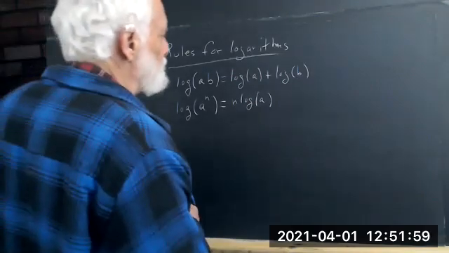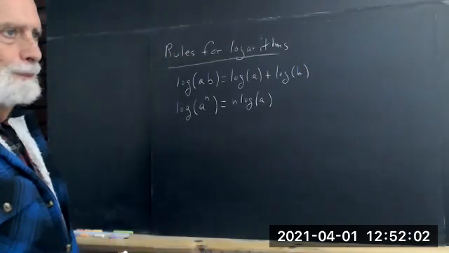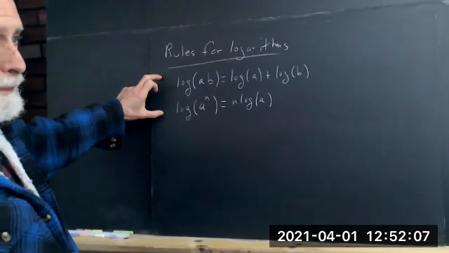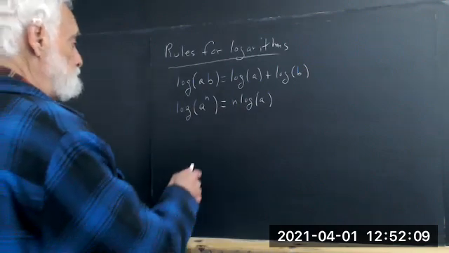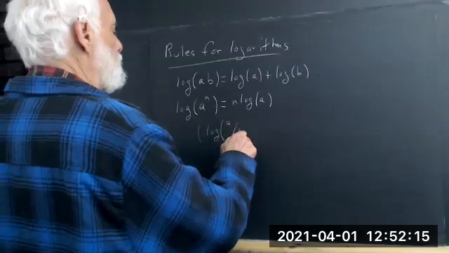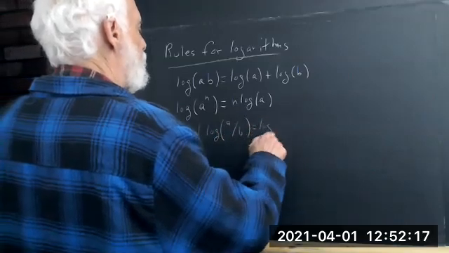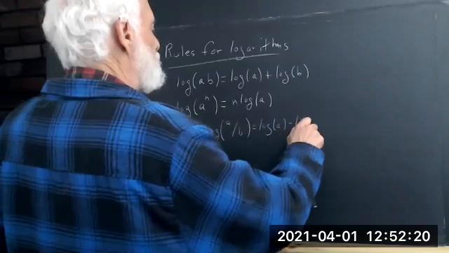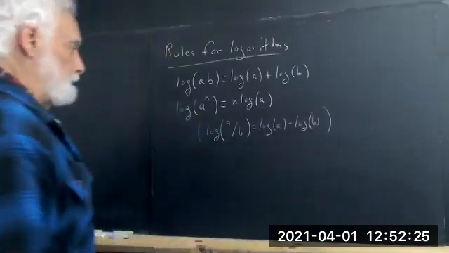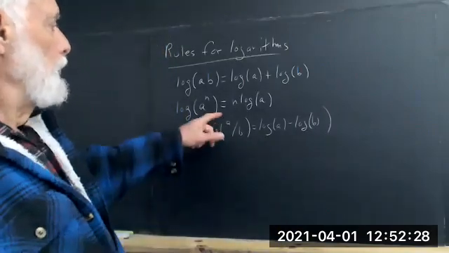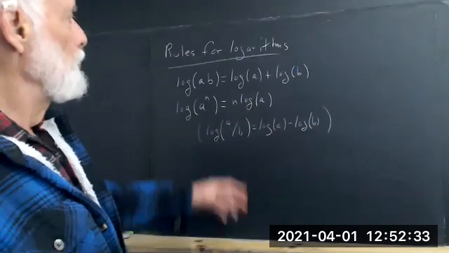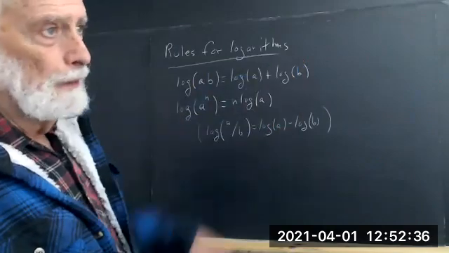Now, there's another rule for the log of A divided by B, but if you combine these rules, you get that rule. So an unnecessary rule is that the log of A divided by B is the log of A minus the log of B. If you divide A by B, it's like A times B to the -1, which would be the log of A plus the log of B raised to the -1.